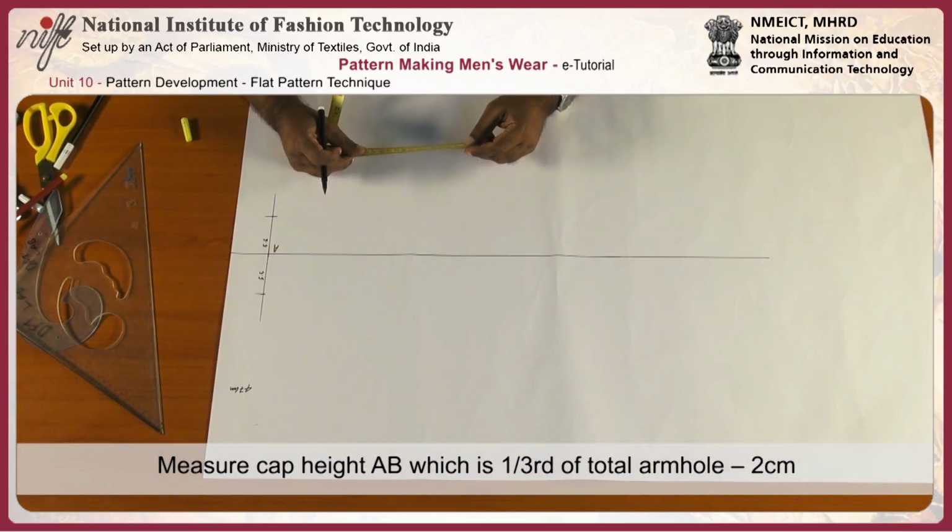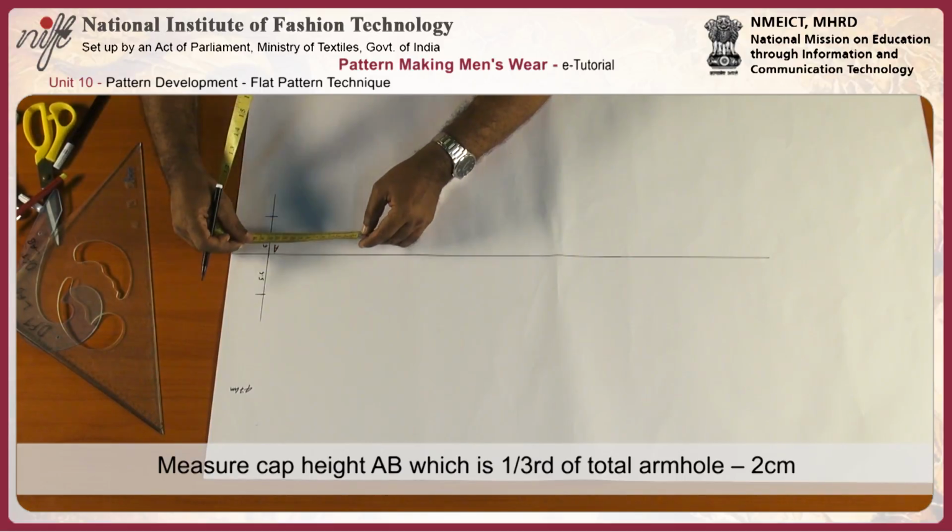After measuring 5.5 centimeter from point A on either side, then measure cap height A to B, which is 1/3 of total armhole minus 2 centimeter.